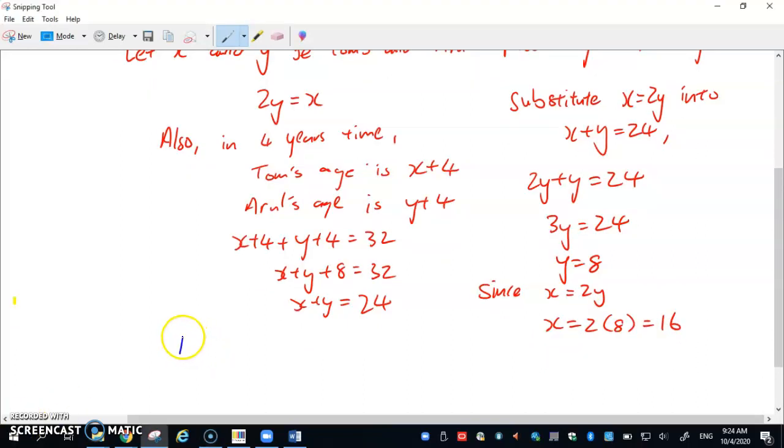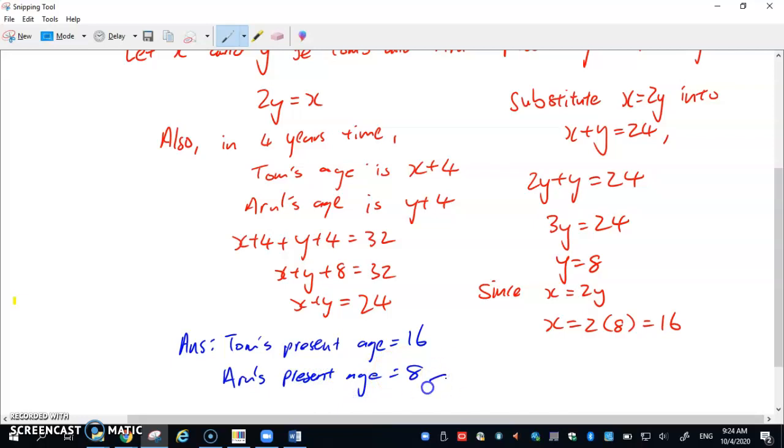So the answer is Tom's present age is equal to 16. Aru's present age is equal to 8. That's all for our answers.